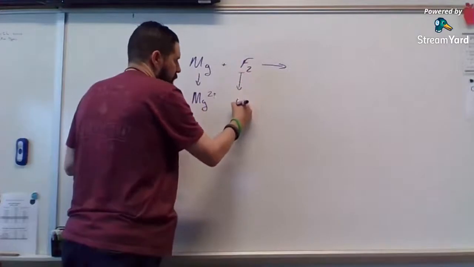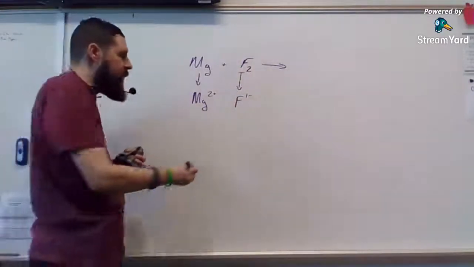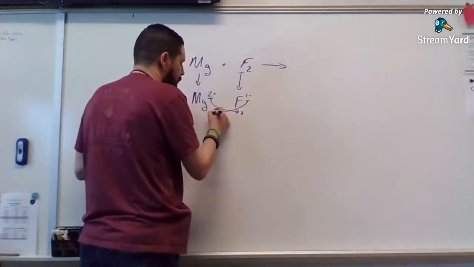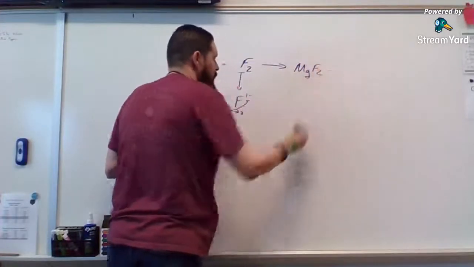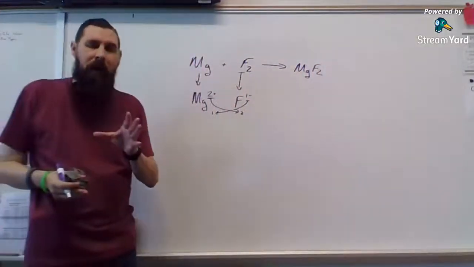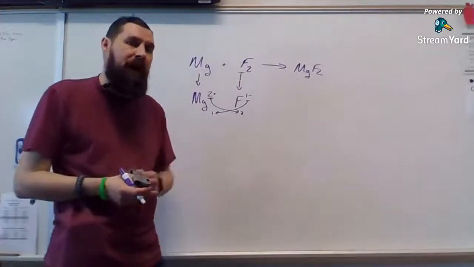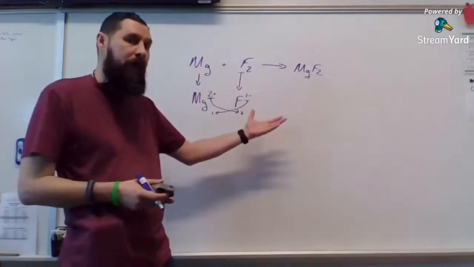Fluorine, as a halogen in column 17, has a 1- charge. And we're going to cross down those charges, and I get MgF2. And what's really nice about when you have a group 2 metal combining with the halogen is that these equations come out already balanced with all 1s.